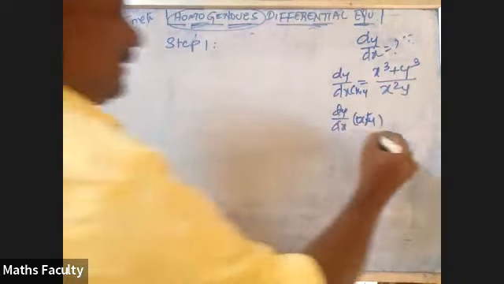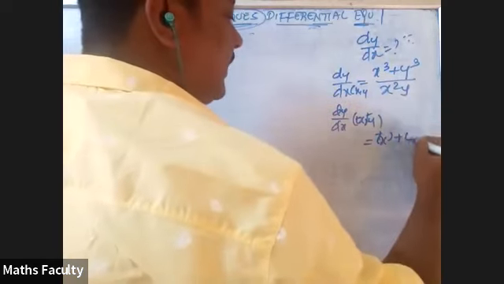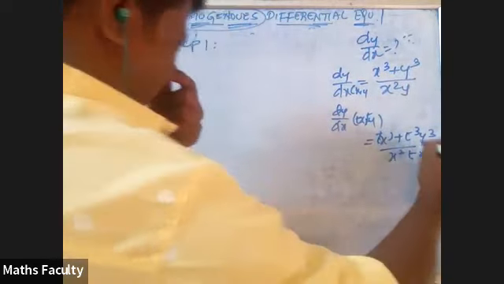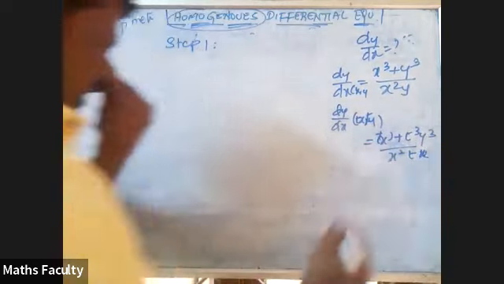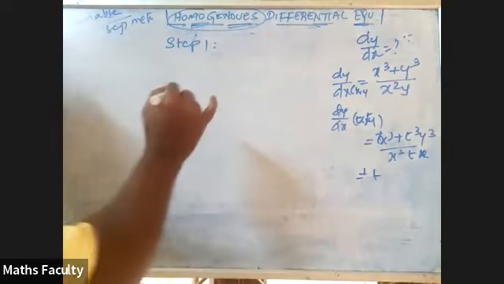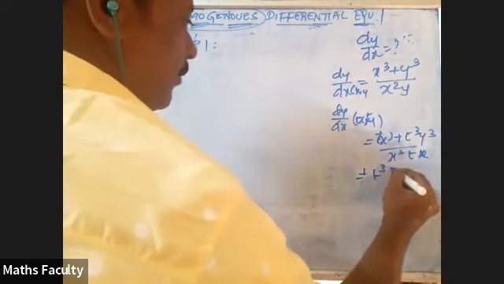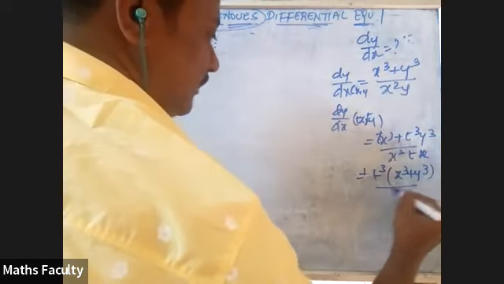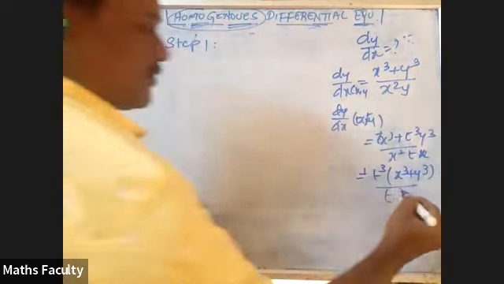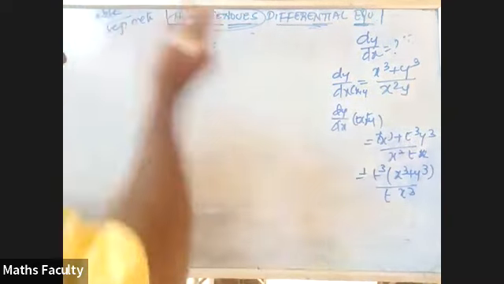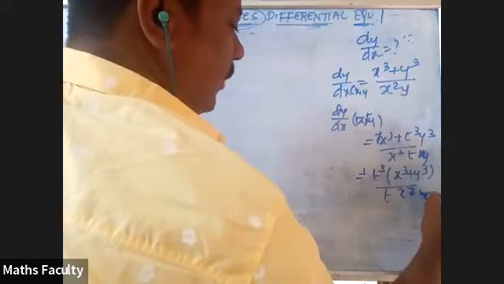Then this becomes t cube x cube plus t cube y cube divided by x square and ty. Sorry, tx squared. Now you can take t cube common outside. Then we have x cube plus y cube divided by t into x square y, that is x square times ty.